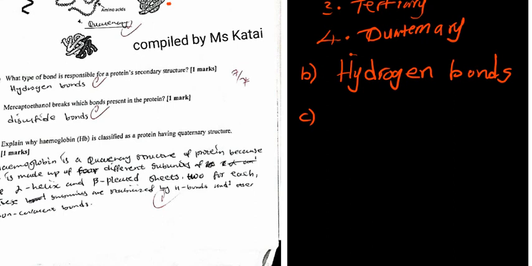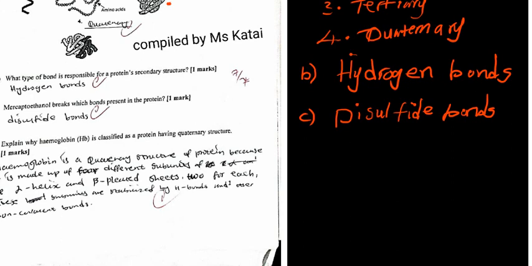Disulfide bonds are formed by the oxidation of two cysteine residues. So the answer is disulfide bonds.